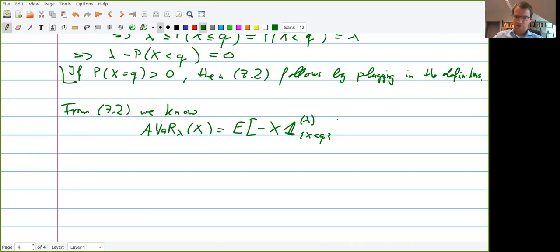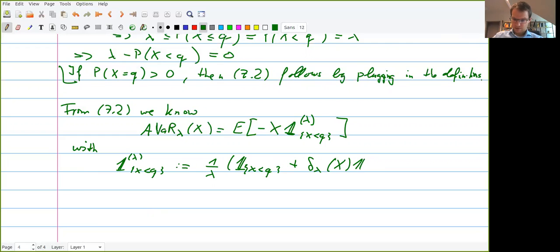Okay, I need to define for you what I mean by this. This is just a short notation I want to introduce to save some time. So this is defined as 1 over lambda multiplied with the indicator function of x being less than q, plus this function delta lambda of x multiplied with the indicator function of x being equal to q.